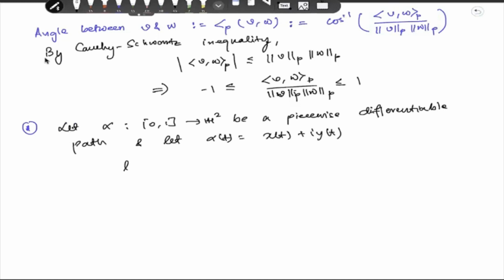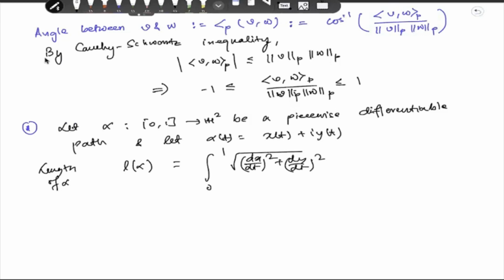Then the length of alpha is equal to this integration: integration from 0 to 1 of root over (dx/dt)^2 plus (dy/dt)^2, divided by y t, times dt.